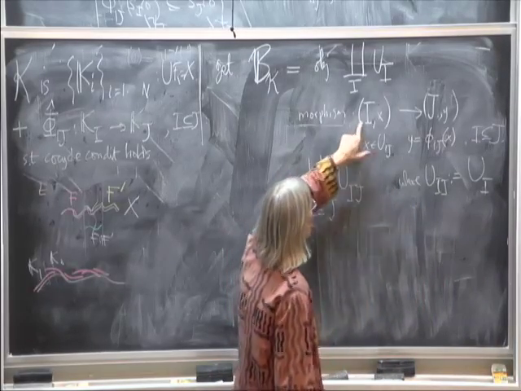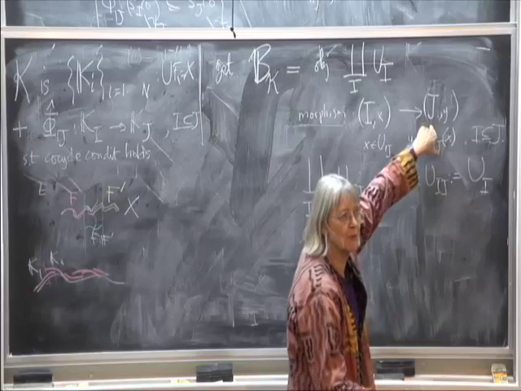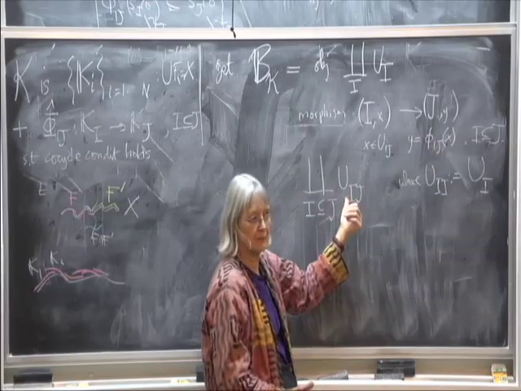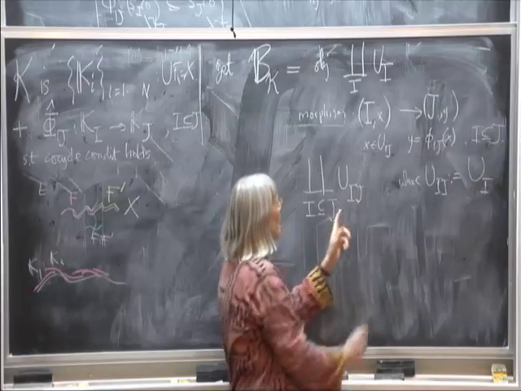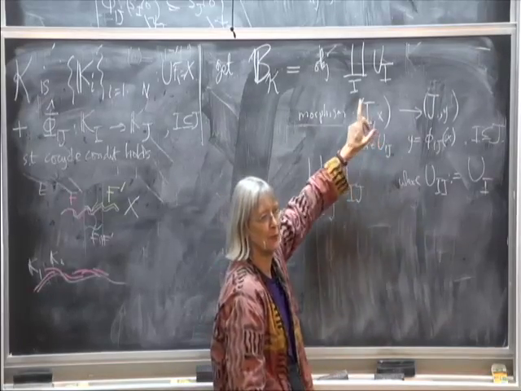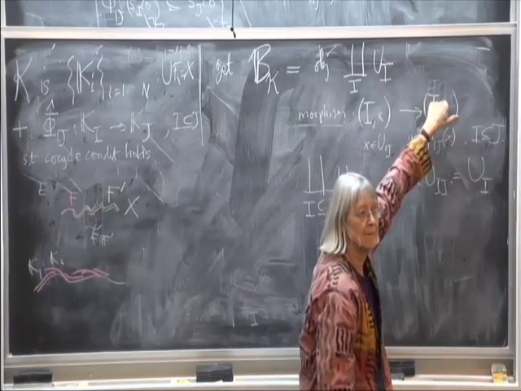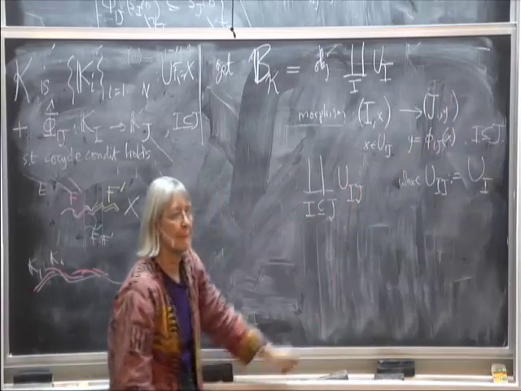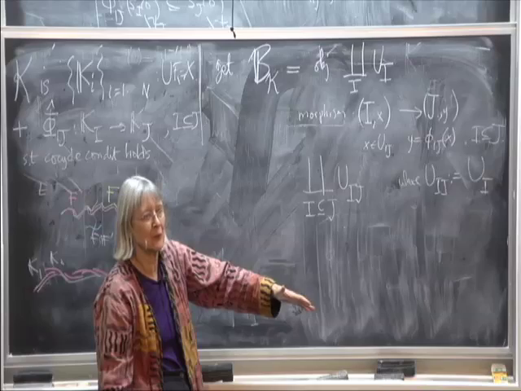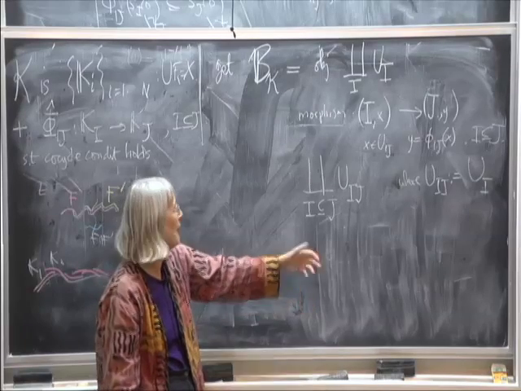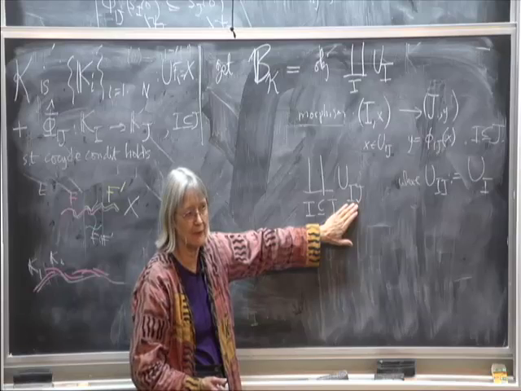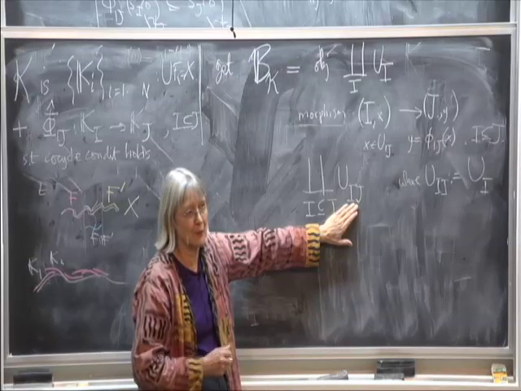So for each pair IJ, you have a component in the morphism space where the domain is U_IJ. This represents the set of morphisms between an object here and an object there. Abstractly, for each pair IJ with I contained in J, I possibly equal to J, we have a unique morphism.